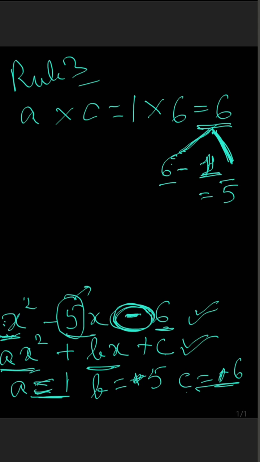We have to get two values such that the difference of these two numbers comes out equal to the middle term, which is 5. So here the two numbers after splitting 6 would be 6 and 1, so that when we take the difference of 6 and 1, it comes out to be 5, which is our middle term. Okay.